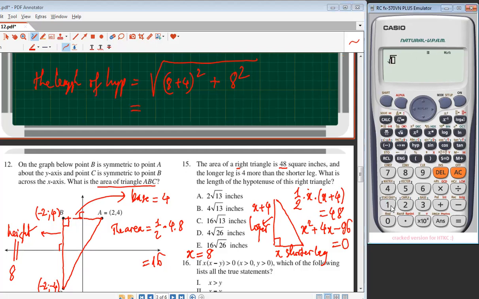That is 208, which is 4 times the square root of 13. That is option B.